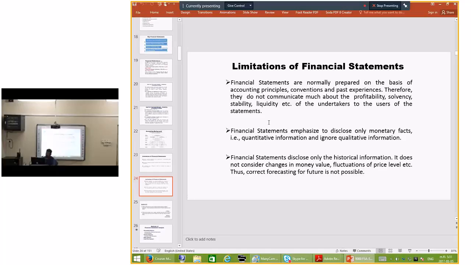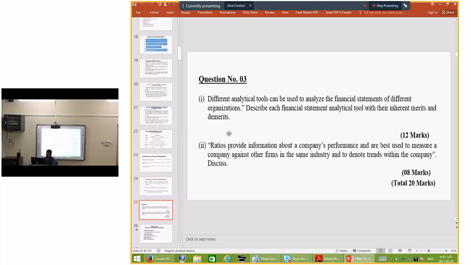Then financial statements emphasize disclosing only monetary facts. They are not going to provide qualitative information. Financial statements disclose only historical information. They do not consider forecasting or future information, right?